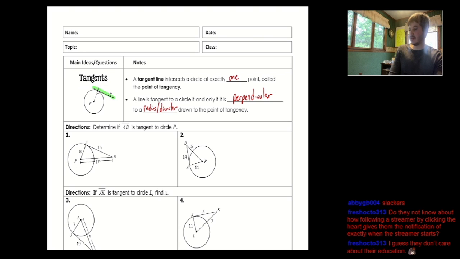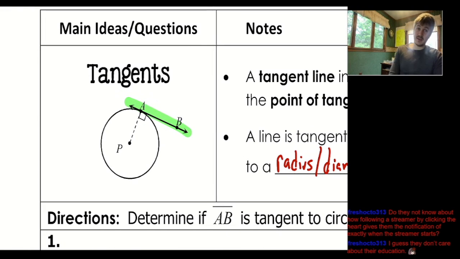So again, if you look at the diagram on the left, AB is a tangent, and line segment PA is a radius. Whenever a radius connects to the point of tangency, they will always form a right angle right here.